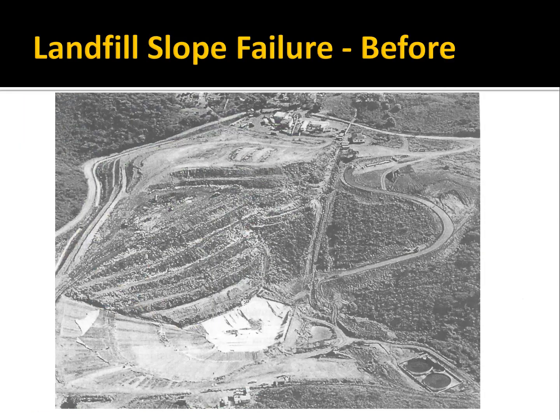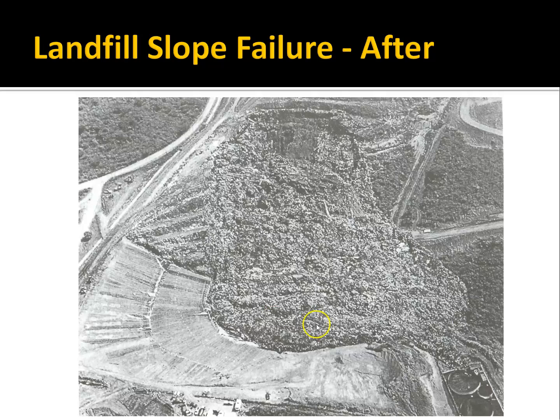This is an example of a slope failure in a landfill. This landfill, they were filling it in stages and filling it in from this side. And one day, all the waste in the landfill created a landslide, and it looks like it went out.